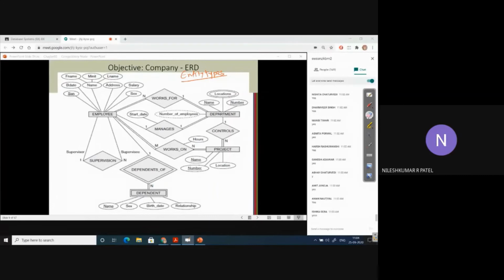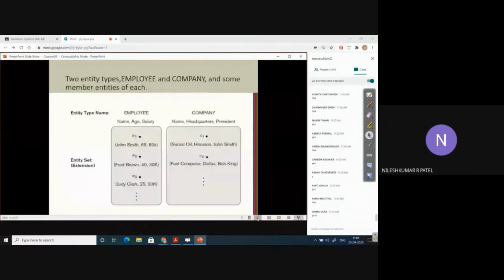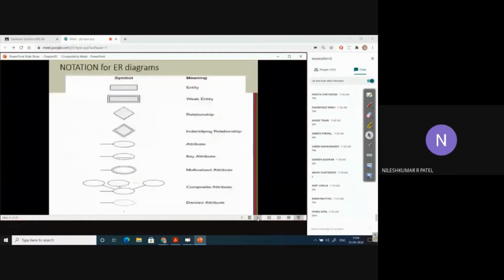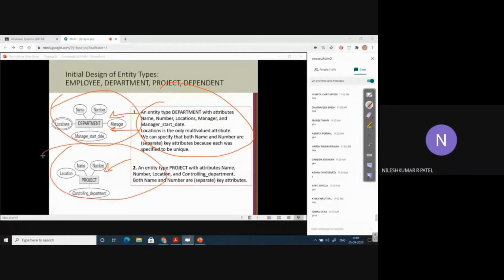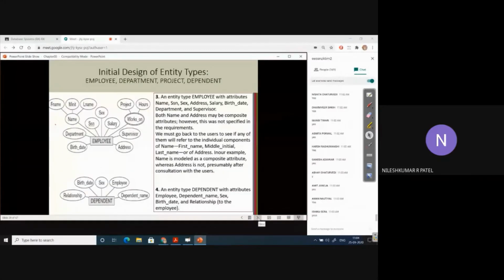After that you draw the individual entity types like this, according to the description. That is the way I explain it to students. One piece, second piece, so piece by piece you draw them and then connect them together. So we are ultimately going towards our objective. This is the third entity type and the fourth entity type.